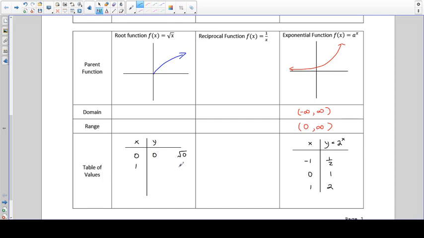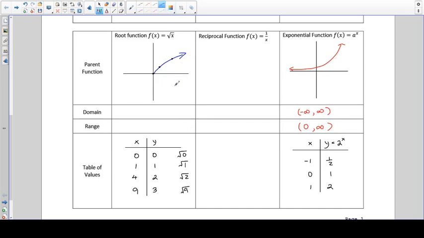If we square root 1, we get 1. If we square root 4, we get 2. And we square root 9, we get 3. So you can see we have 0, 0, 1, 1, 4, 2, and 9, 3, roughly around there. So that's how the graph looks.